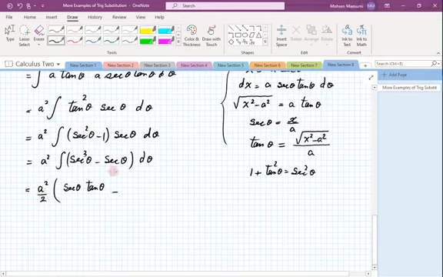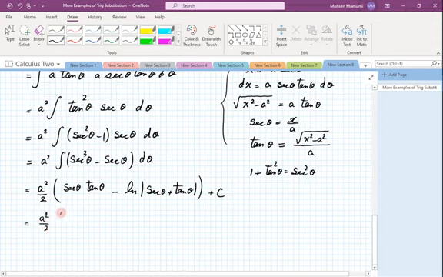And so that when we do the subtraction, what we get is minus logarithm of secant of theta plus tangent of theta, and then we throw in one constant and then replace a squared over 2.